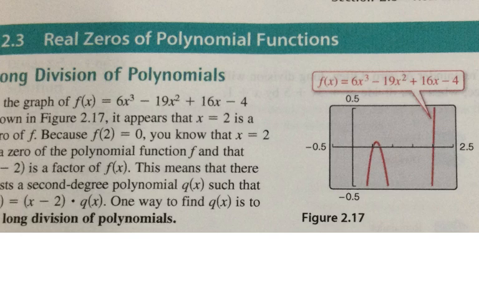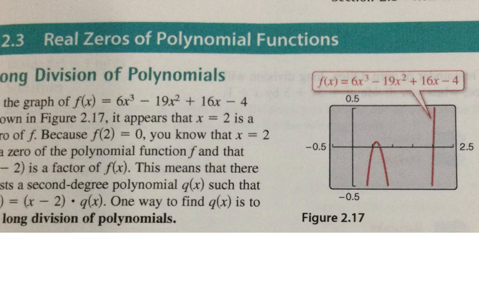Okay. The graph, to the right, it appears x equals 2 is a 0 because f of 2 is 0. We know x equals 2 is a 0 of the polynomial function. So if x equals 2 is a 0, then x minus 2 is a factor.